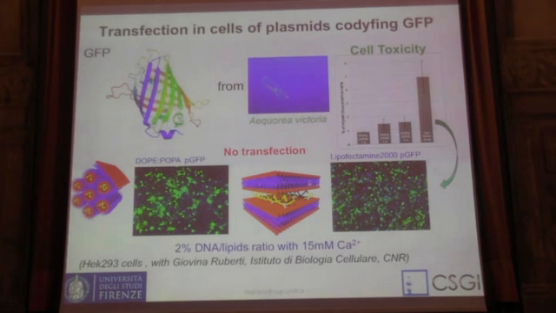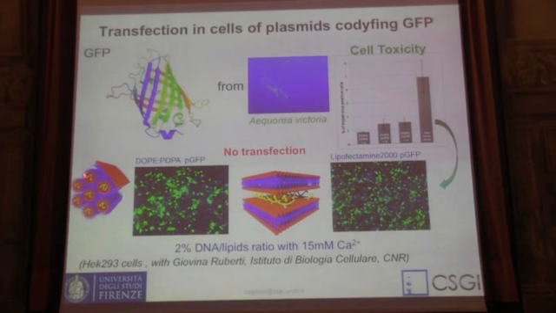Why did we do this? Because if you use these two systems for transfection, you see that one system, the inverted hexagonal structure, can transfect, and what is transfected is the GFP. In the other case, you have no transfection.